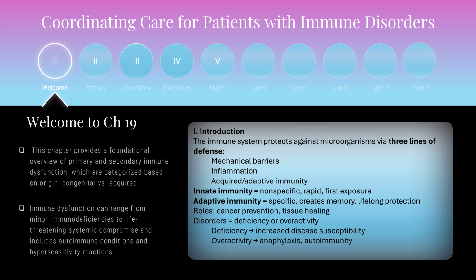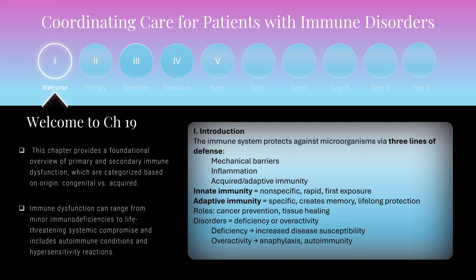Welcome to chapter 19. This chapter provides a foundational overview of primary and secondary immune dysfunction, which are categorized based on origin, congenital versus acquired.